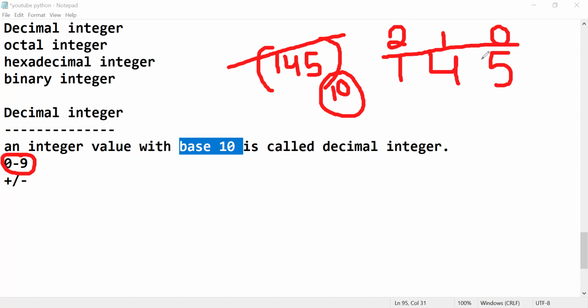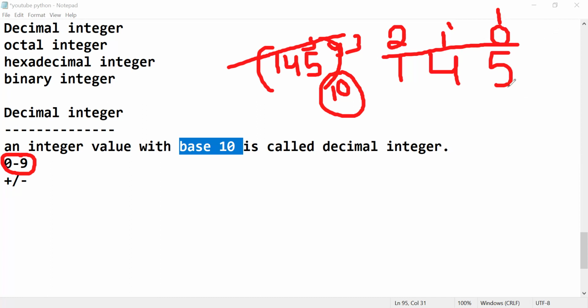For 145 we make position indexes like 0, 1, 2, 3, 4, and so on. If we have more digits, like 4 digits, we get 3 here and 4 here. Like that, from 0 up to n, we mention the numbers.